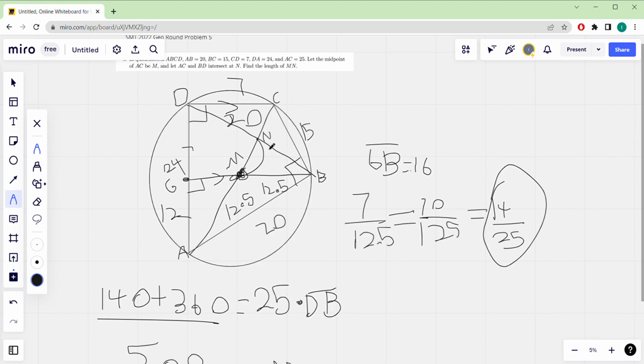And why this is important is because we can just set the length we want, like MN, as X, and then, since this is the whole radius, this CN will be 12.5 minus X, because that's the radius, subtract that little length.